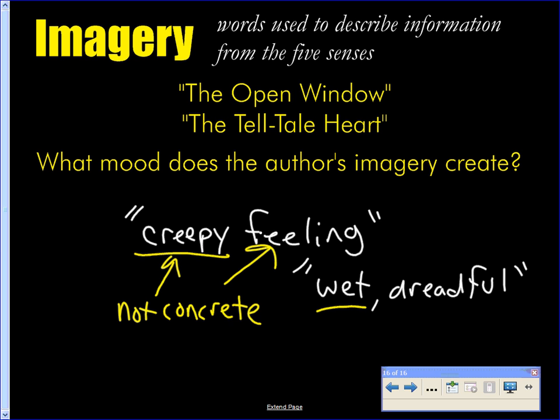We need to look at some imagery, and imagery always must be concrete. Wet is concrete, and we're talking about wet weather, and the ground being so soggy that it gives way. That's actual physical concrete imagery that creates the feeling. She uses dreadful to emphasize the feeling that's given. So creepy feeling is like going straight to the emotion without the imagery, and dreadful would be too. We need the concrete imagery.